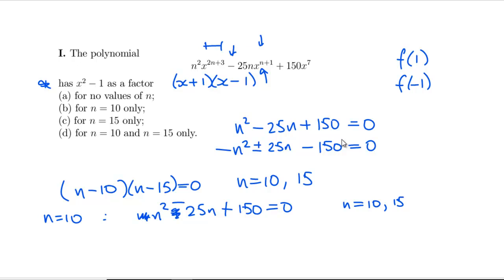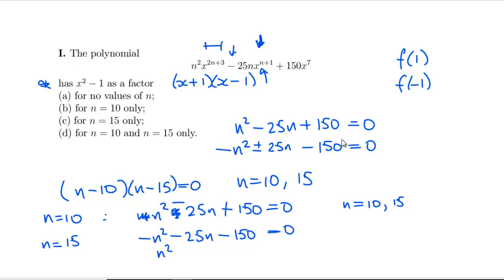Everything's okay. If we've got n is 15, then we've got an even power here, so we'd have a change of sign. So we'd have minus n squared, and we'd have minus 25n, and we'd have minus 150 is equal to 0.